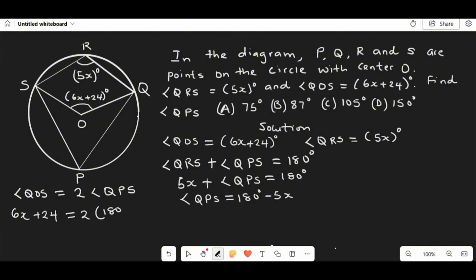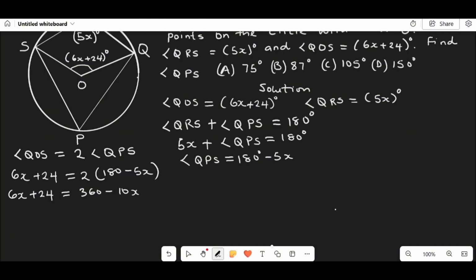Let us solve this equation. 6x plus 24 is equal to 2 multiplied by 180. We have 360 minus 2 multiplied by 5x. We have 10x.